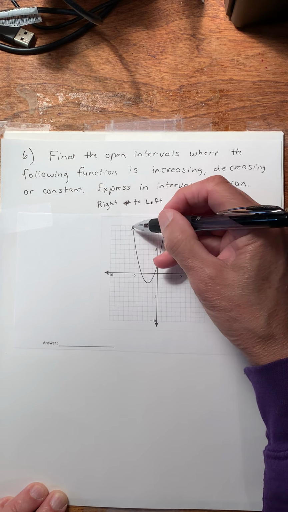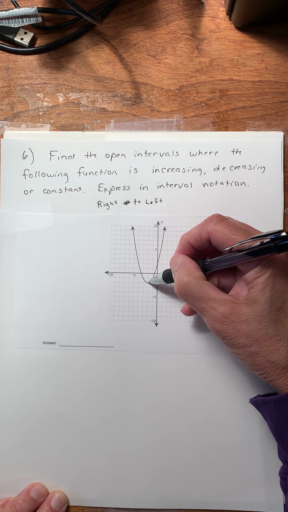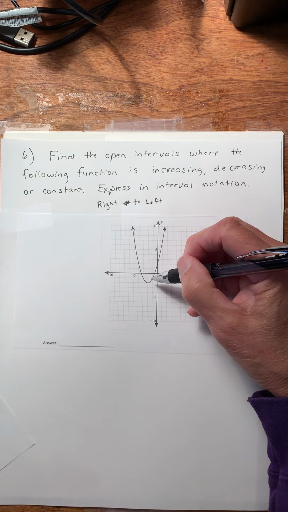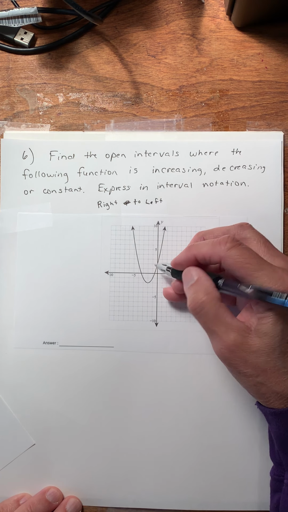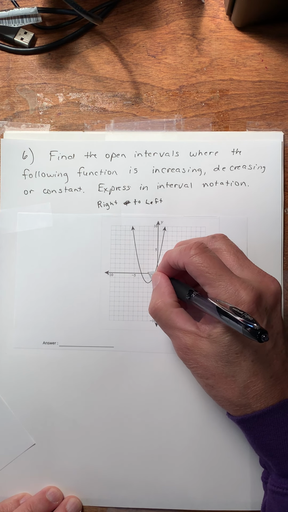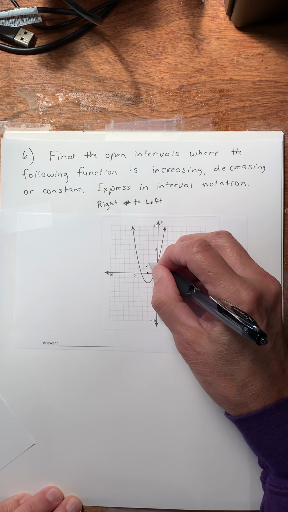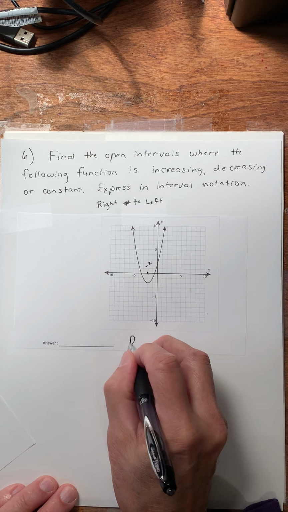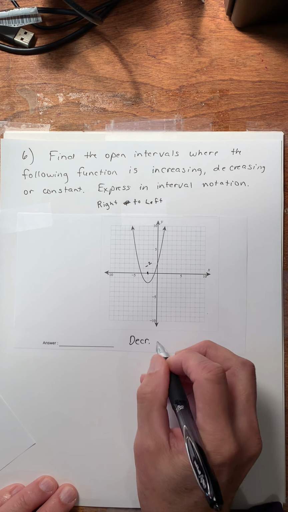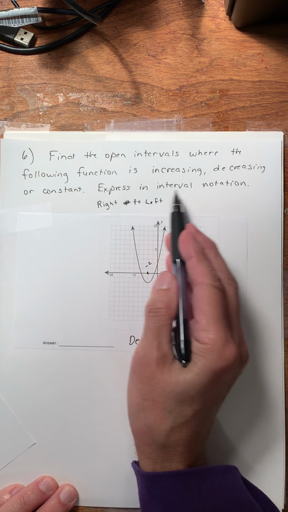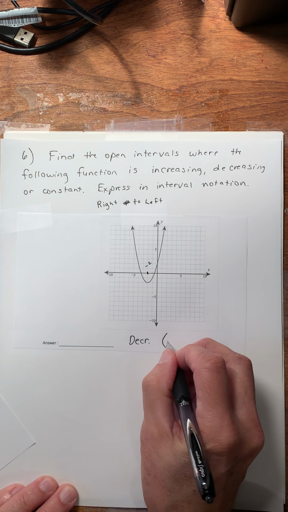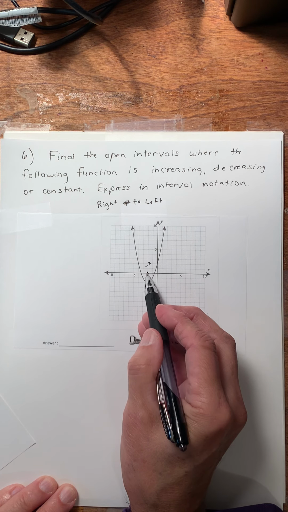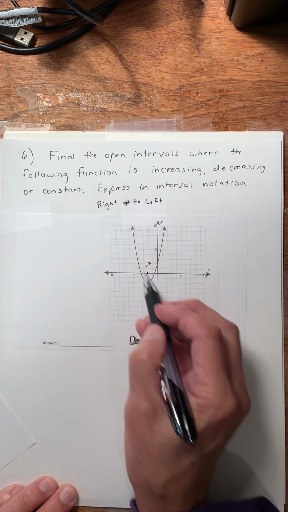It's decreasing all the way from negative infinity, all the way to negative 2. So it's decreasing from, in interval notation, negative infinity all the way to negative 2. That's when it stops going down, right?